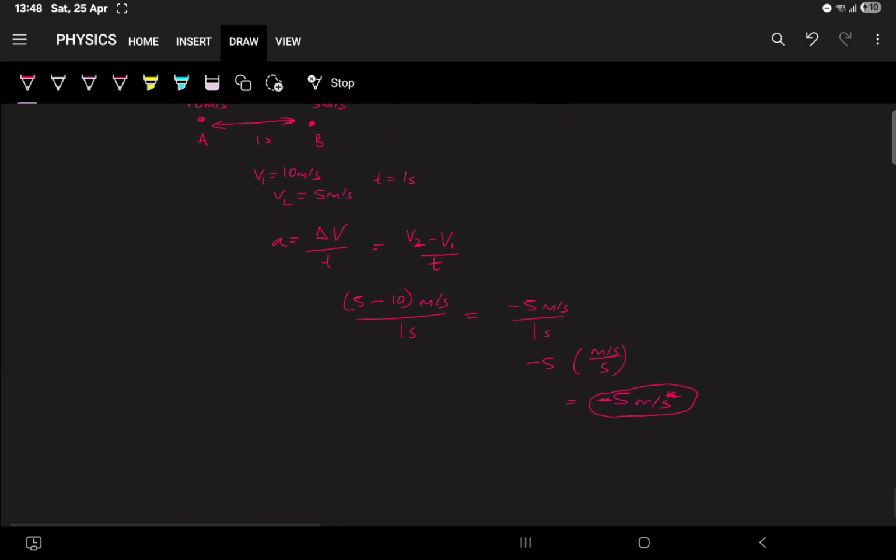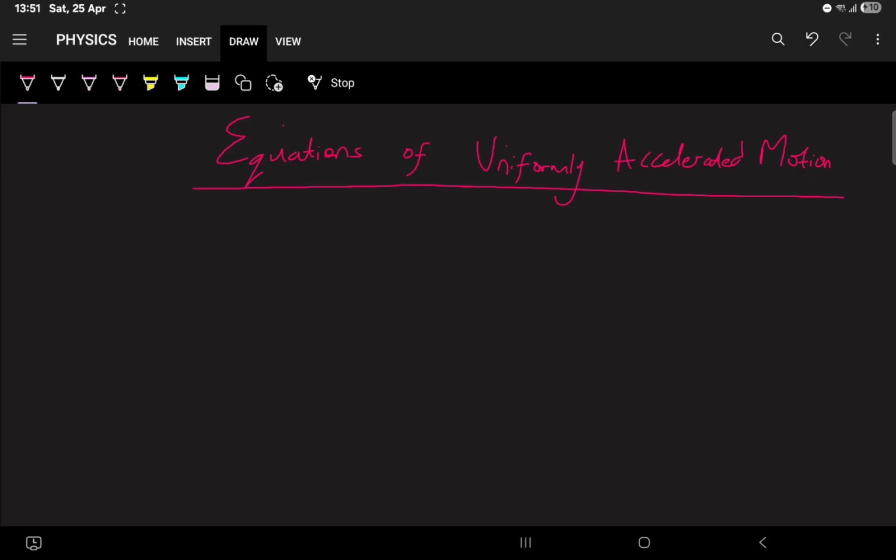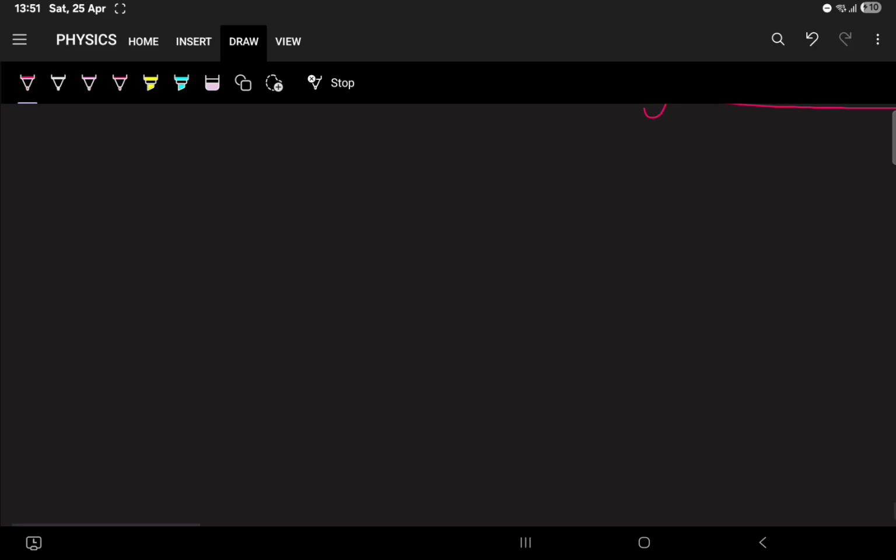So that's a key takeaway. Now for phase 2 of this tutorial, we're moving to equations of motion for a body traveling along a straight line with uniform acceleration. Now moving on to deriving the first equation of motion.